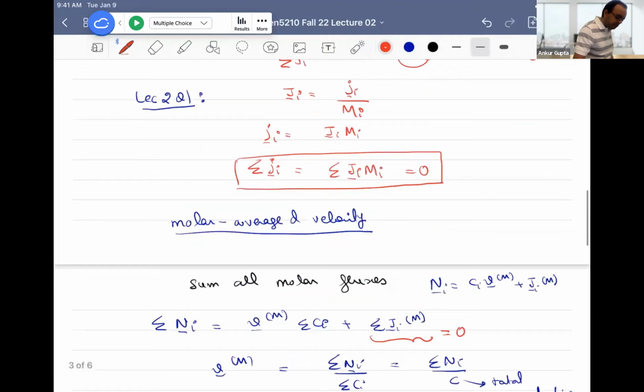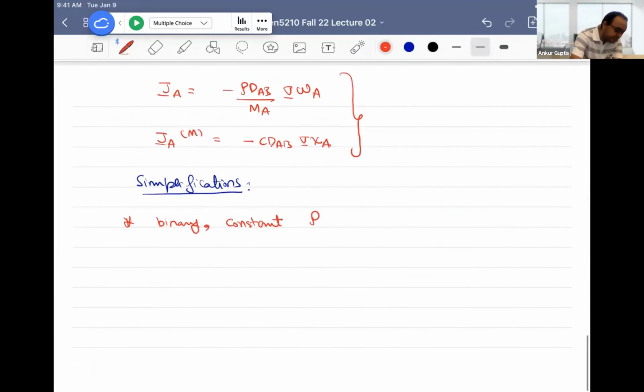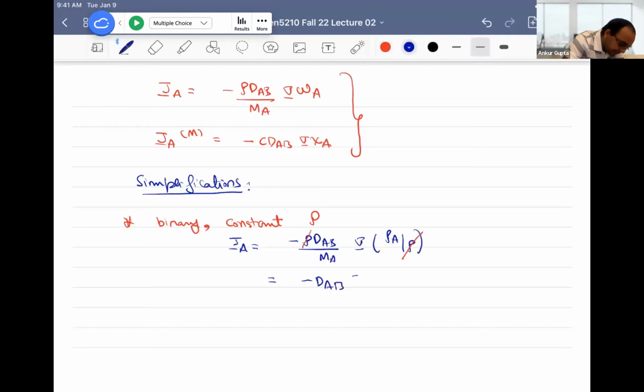So I should use the mass average velocity, in which case my JA, because this is a binary system, becomes minus rho DAB by MA grad of, remember it is rho A by rho, okay? Because rho is constant, it can go out from the gradient, gets cancelled with this factor, and this becomes minus DAB gradient of rho A by MA.